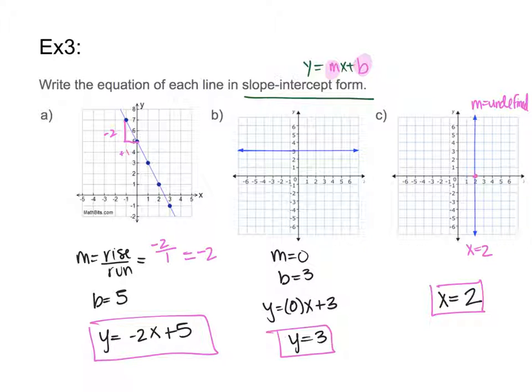So just as a quick note here, I want us to know horizontal lines are always going to have an equation where y equals some number, whereas vertical lines always have an equation where x equals some number.